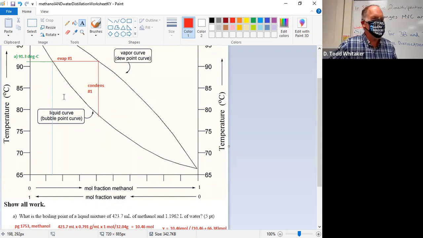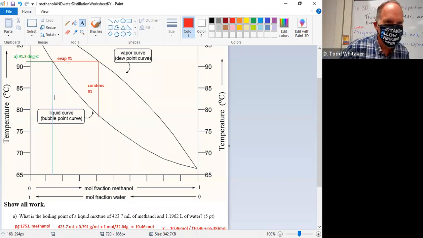When you boil a mixture, which one boils to a higher extent? MVC, so you create a higher ratio of more volatile component in the vapor than what you had in the beginning. And then you condense that, and it's higher in the more volatile chemical, which in this case is methanol.